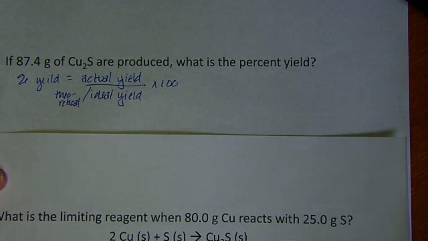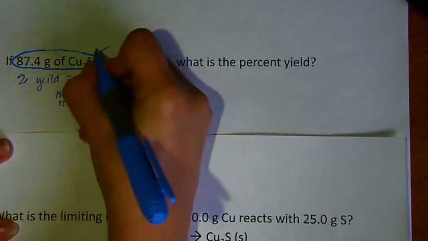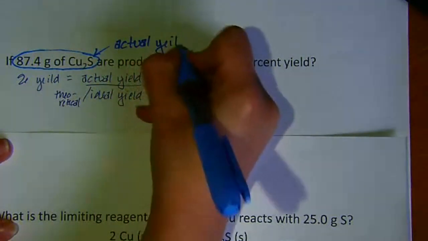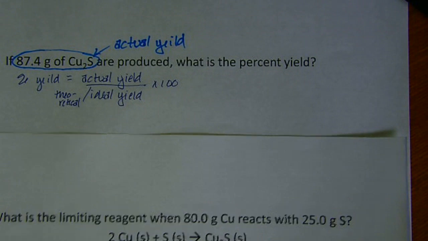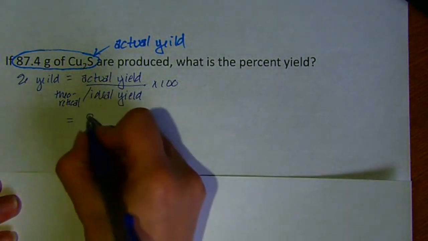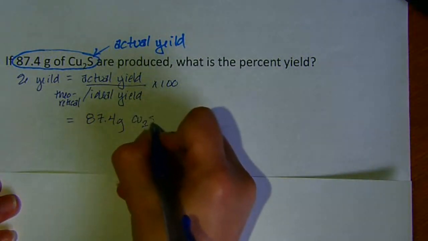So this 87.4 grams of copper sulfide is my actual yield. That is how much I actually made from this reaction. So let's go ahead and plug that value in, making sure you keep track of your units and your substance labels.